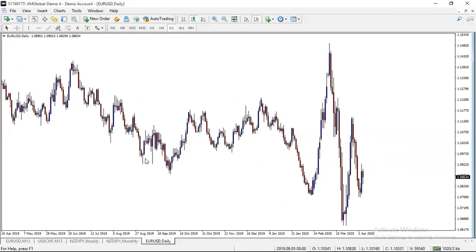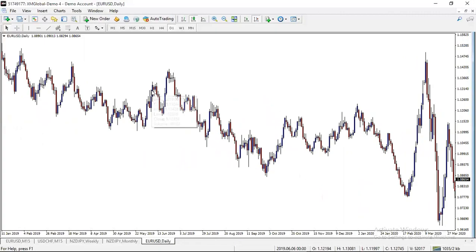For simplicity reasons, I'll just focus on resistance, but the same will apply for support. I think I'm just going to use this Euro USD.